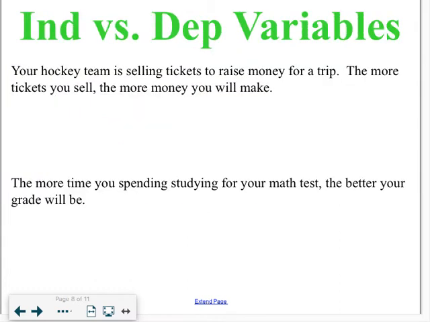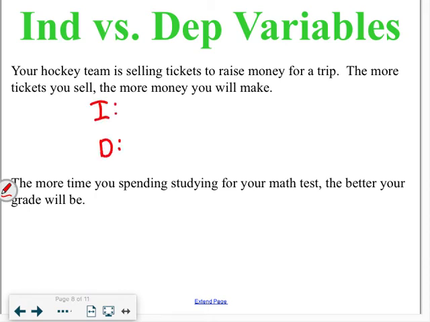So what your book is going to do is give you different scenarios, and you're going to have to pick out what is the cause and what is the effect, or what is the independent and what is the dependent variable. So for example, your hockey team is selling tickets to raise money for a trip. The more tickets you sell, the more money you will make. So in order to identify, we have our independent that we're looking for and our dependent.